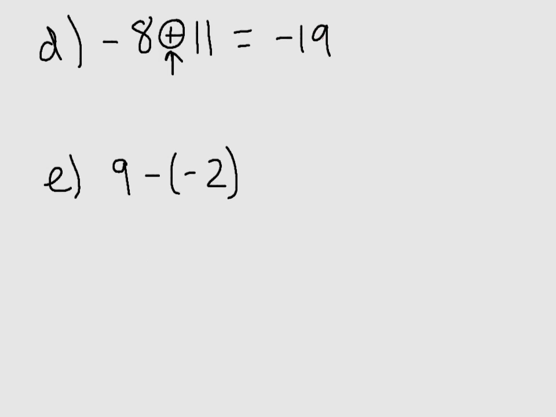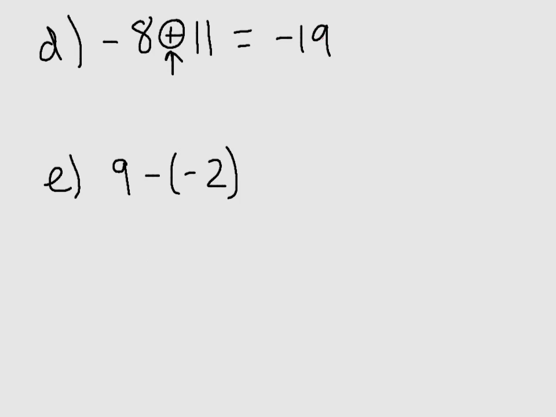And then E is 7. Yep. Does everybody else agree? So I'm saying 9 minus a negative 2. Those parentheses cancel the negative 2 out, which makes it positive. It's 7.